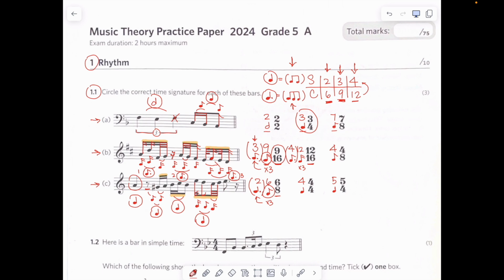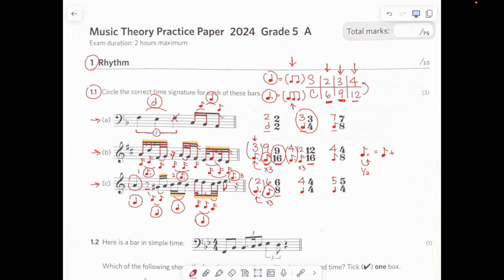Now then after that, we have this note, which is a quaver with a dot, so a dotted quaver. Now what is a dotted quaver? Or what is a dotted note? Well, a dotted note basically is just the note itself. Here we have a quaver, so quaver, plus the dot. The dot is always a half of the note it follows.